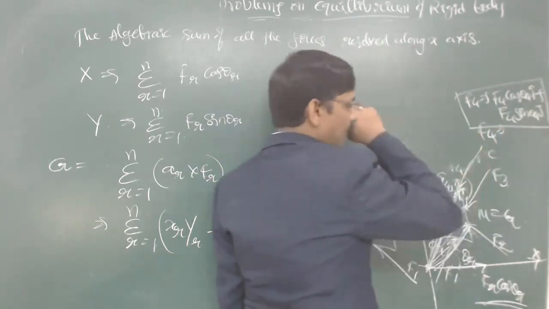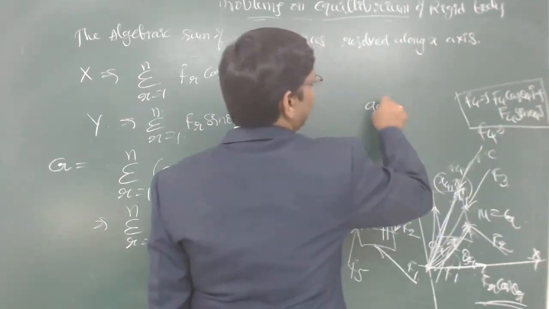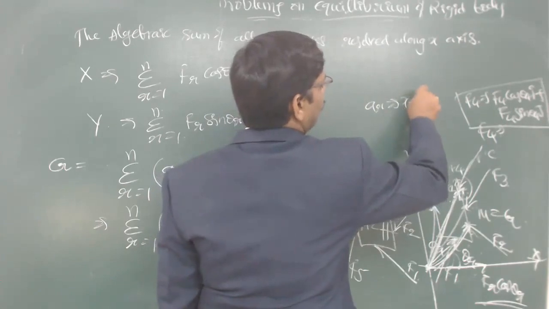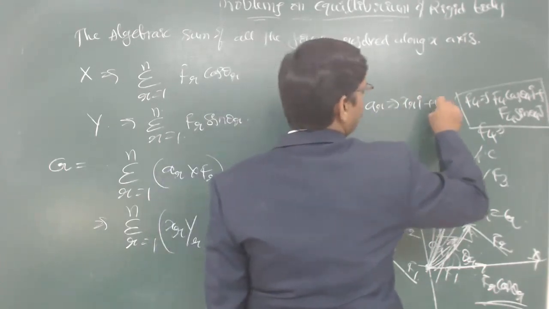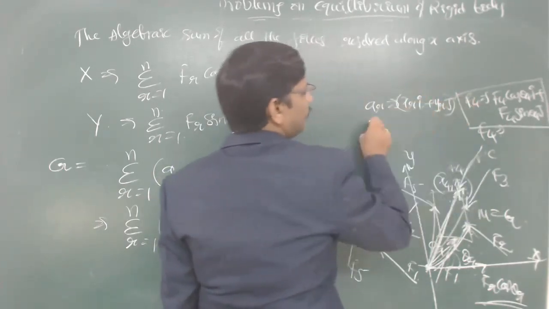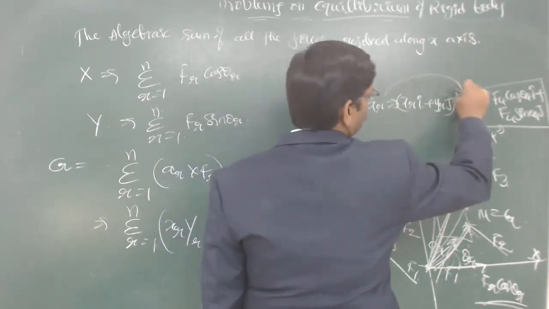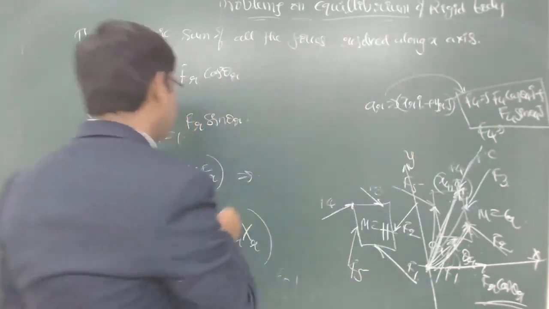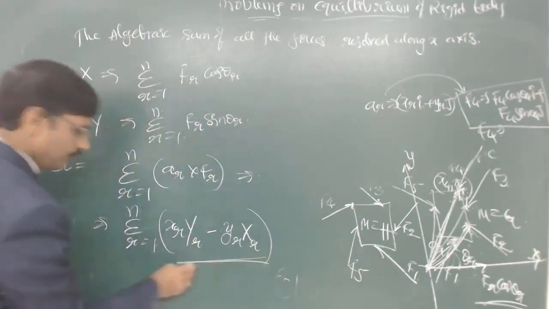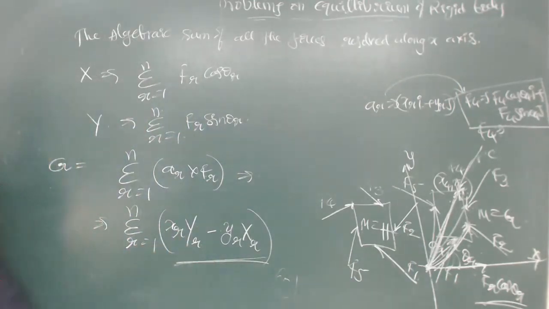Now if you do the cross product of AR equal to xr i plus yr j, and Fr is this one, the cross product of this is going to be this one. Got it or not? I hope everybody understood this. Understood?